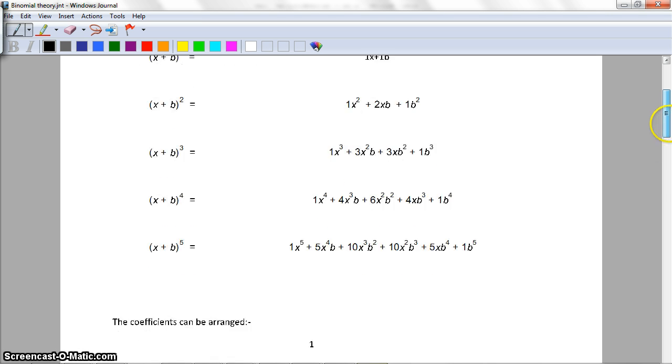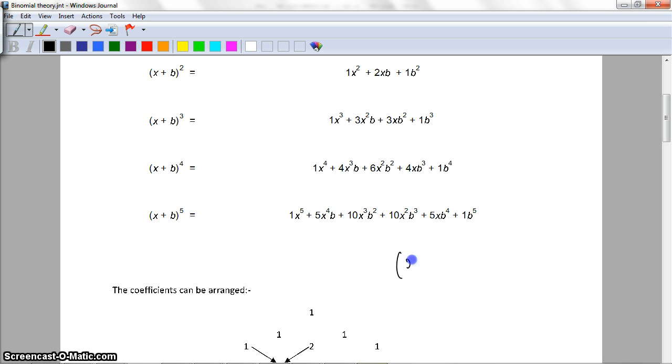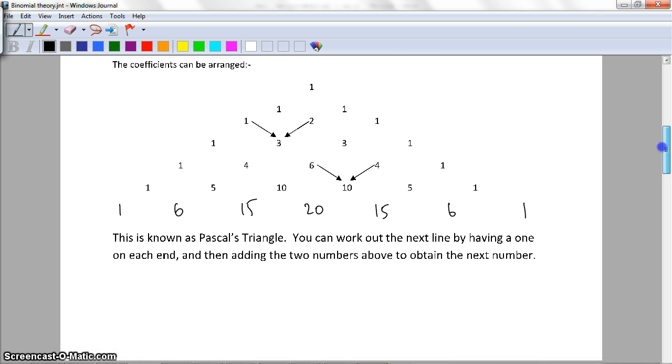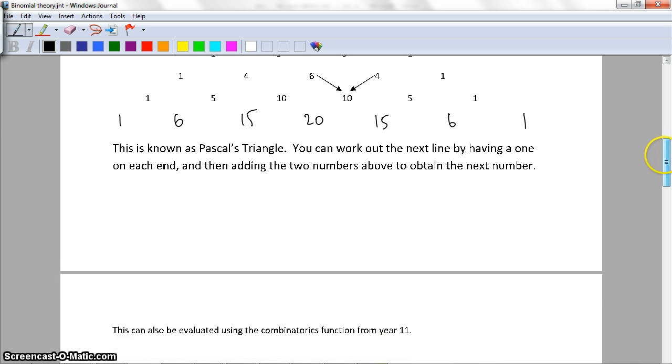If we had something like (x + b) to the power of 6, to get the coefficients, we won't worry about the x's and the b's just yet. We can just find the next line of Pascal's triangle, and we can get that very nicely.